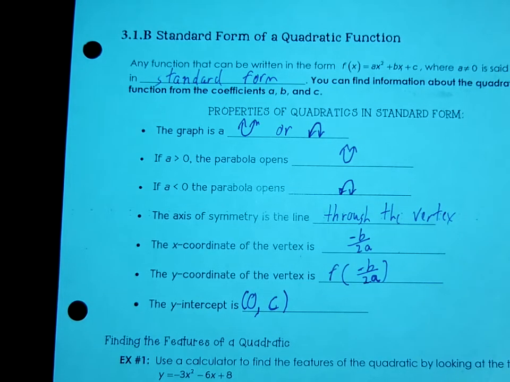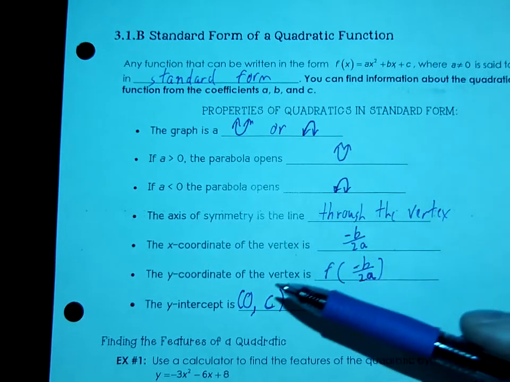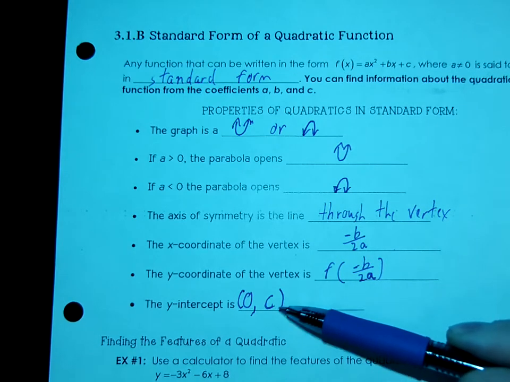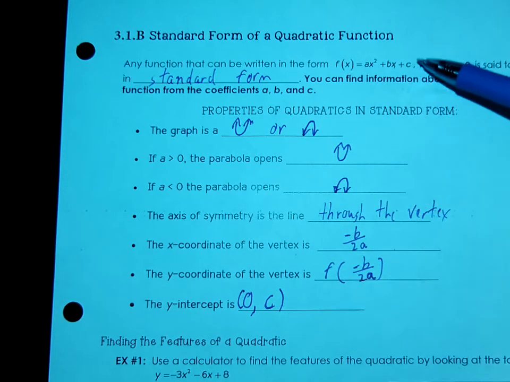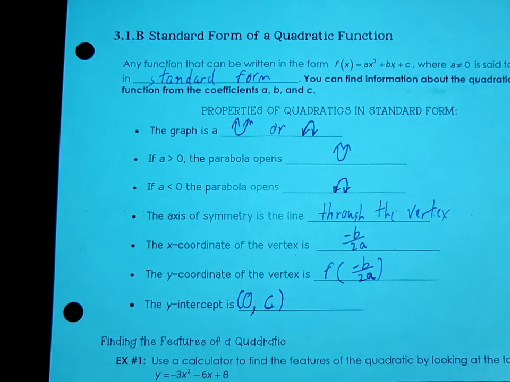So the usefulness of the standard form of the function. The first usefulness is it's very easy to find the y-intercept. The second usefulness is if we're looking for x-intercepts.